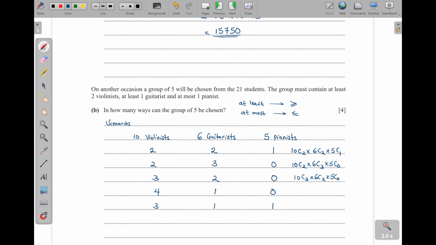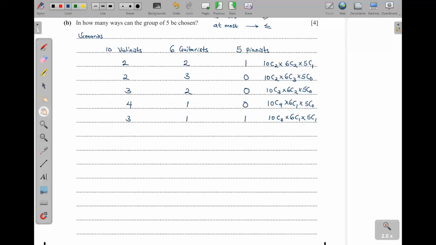And then we have 10 combination 4 times 6 combination 1 times 5 combination 0. Then we shall have here 10 combination 3 times 6 combination 1, then times 5 combination 1. Okay, then I can put this in the calculator, and then I get my answers. Okay, and then after that, I get the total.